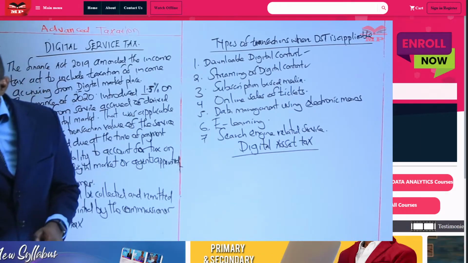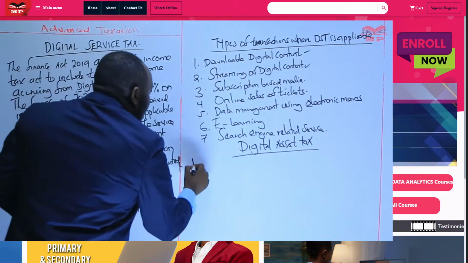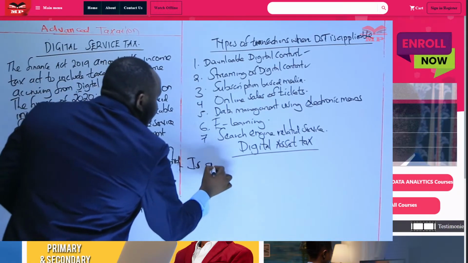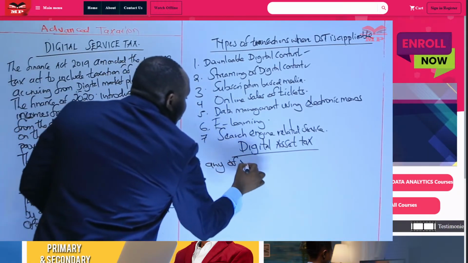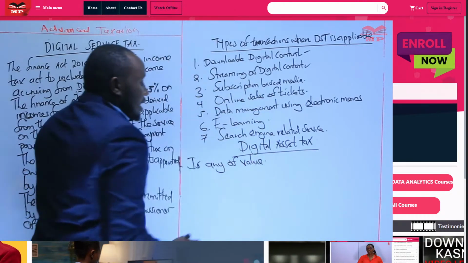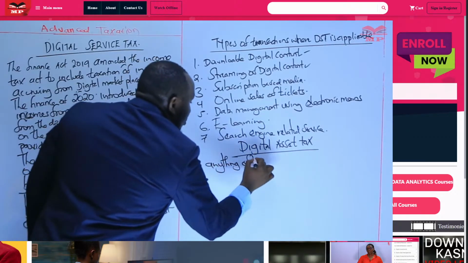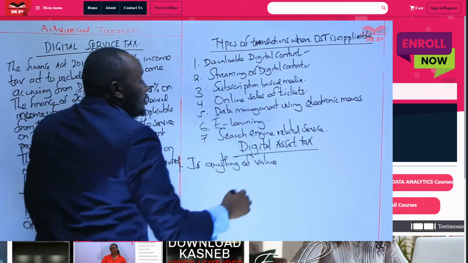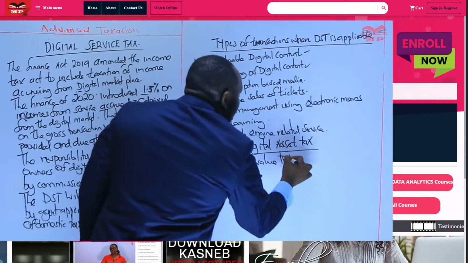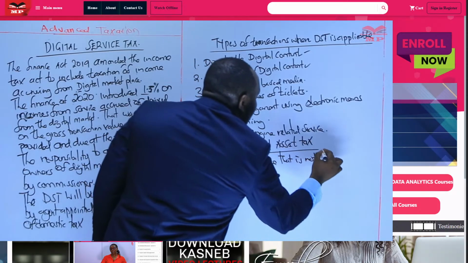So digital asset is anything of value that is not tangible.